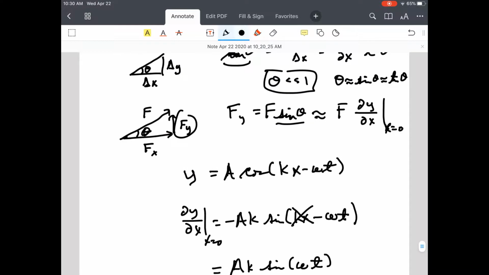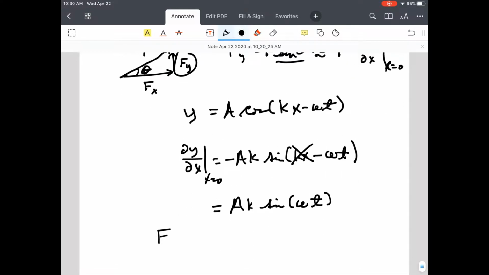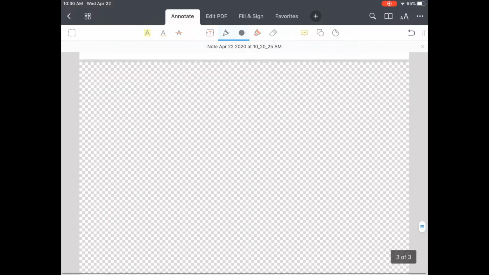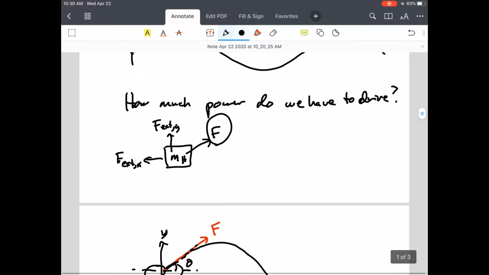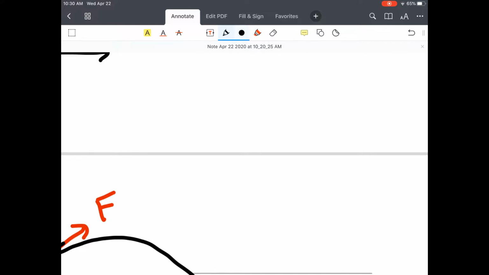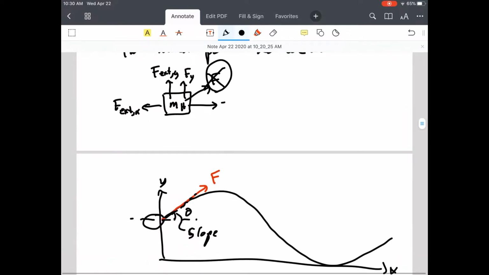I plug that into my equation. I find that my tension force Fy is equal to Fak sine omega t. Good. So now we can go back to our free body diagram. There are two forces, this y component of tension and the y component of this external force, F external.